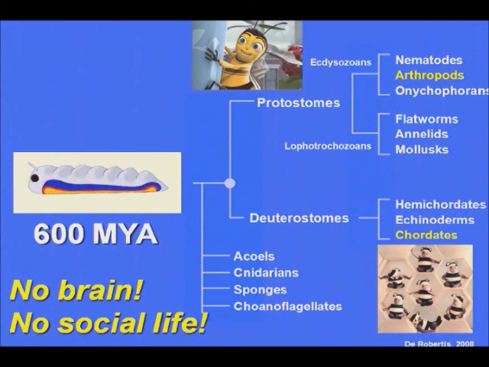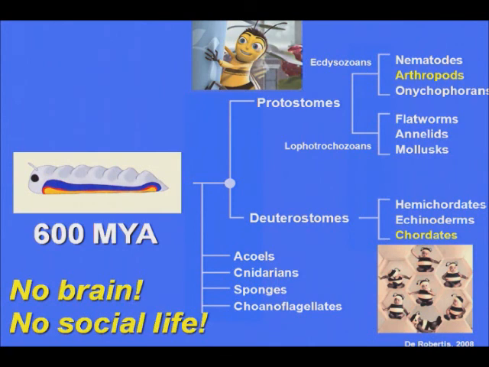The last common ancestor is thought to be a marine flatworm, no brain, no social life to speak of. So when we're talking about these complex patterns of social organization, we have, by definition, to be thinking about convergence, as we spoke about yesterday. This is not a homologous trait, given that the last ancestor didn't have it.